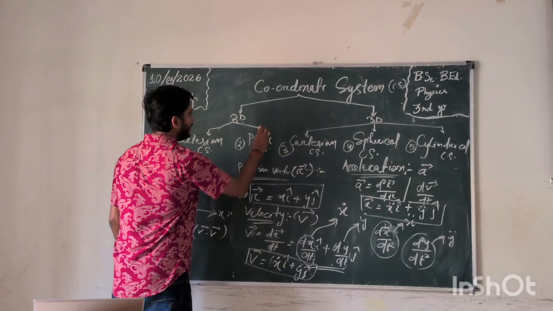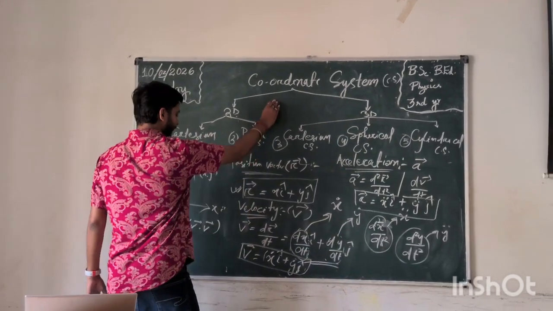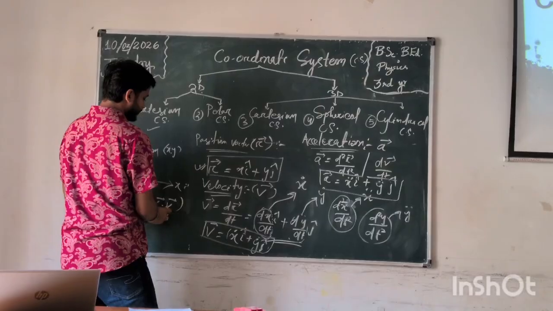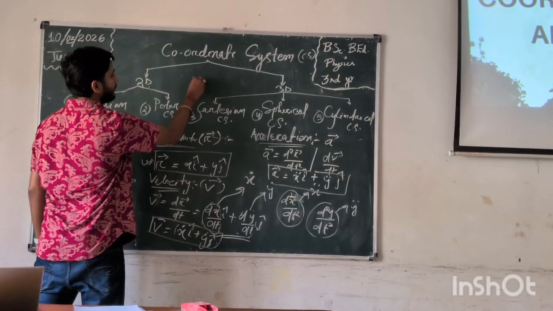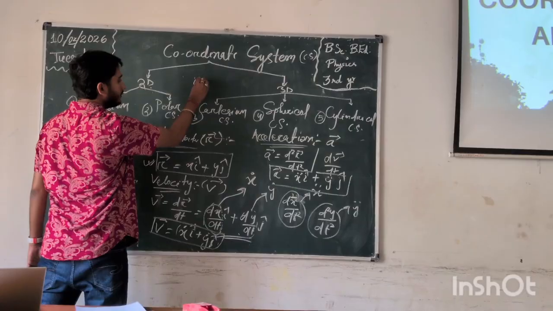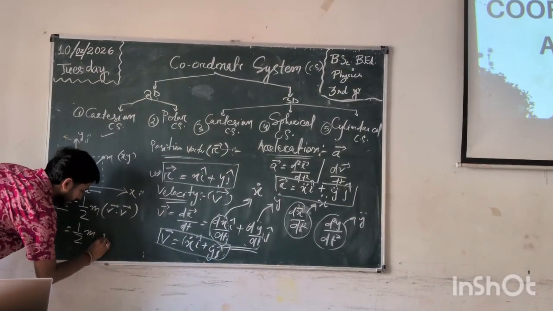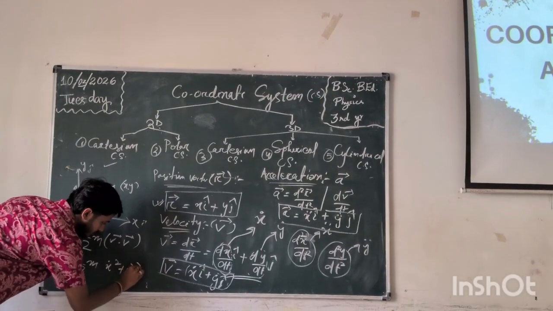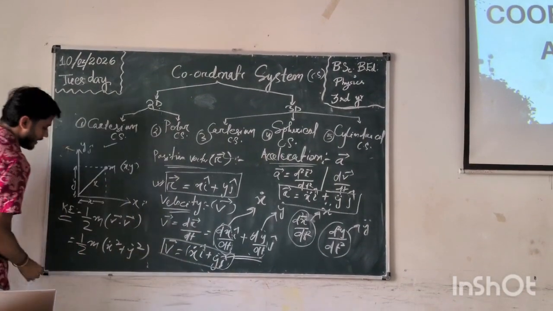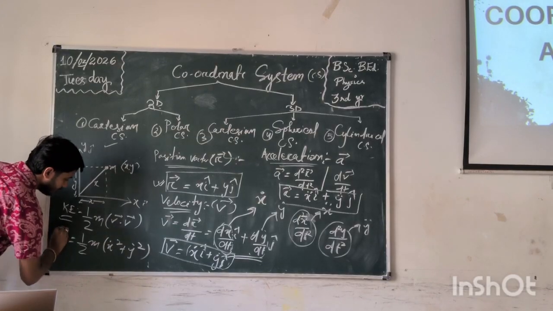If I am dot producing this, what will we get? x dot into x dot and y dot into y dot, and i cap dot i cap we know is 1. So the final expression we will get is half m times x dot square plus y dot square. So this is our expression for kinetic energy.